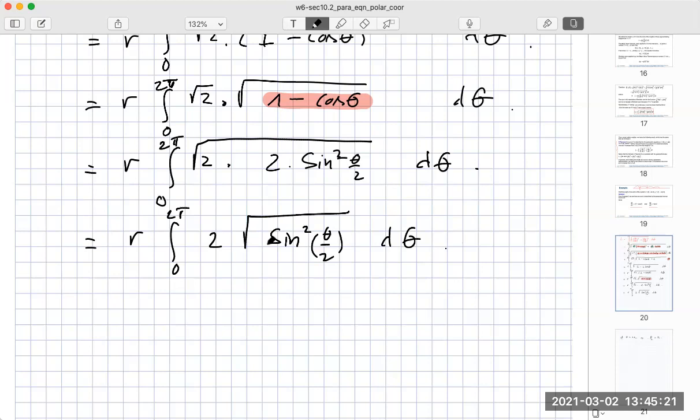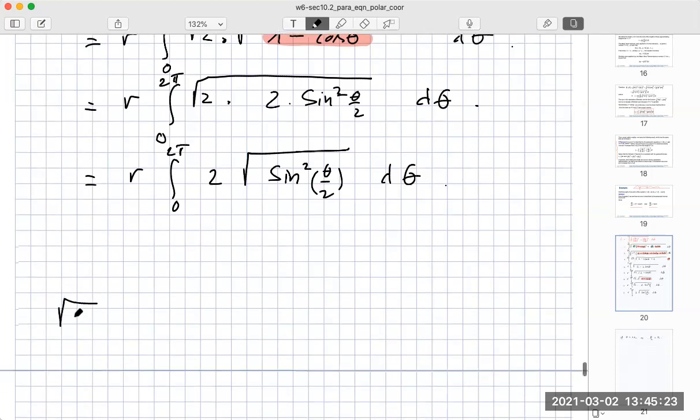So remember, when we take a square root of x squared, what do we have? The absolute value of x, right? Therefore, this will be the absolute value of sine of theta over 2. Very good.